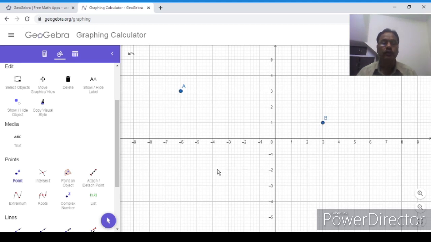Come to here, another point, point C here, and another point here, point D. So we have written these points, point A, point B, point C and point D on the graph paper. Now find out the coordinates of these points. Let us see how do we find out the coordinate of these points.